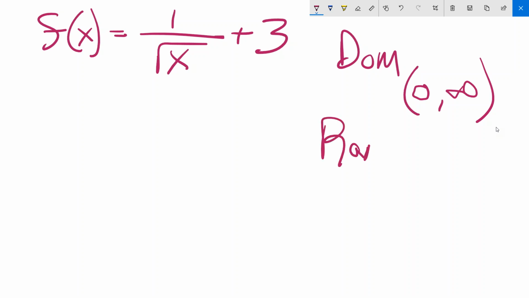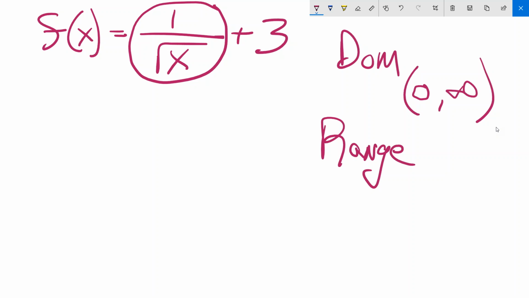The range. Now this is a little tricky. What's the lowest that could be? 1. What if x were a billion? That thing's going to approach 0, correct? What if x were infinity?